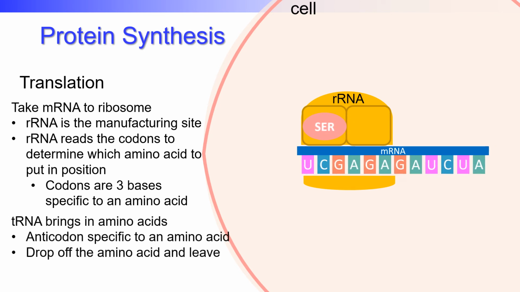After that codon has been fulfilled, the messenger RNA will advance within the ribosomal RNA. The next codon will be read. Another tRNA will come in and drop off the amino acid. And then the ribosomal RNA is going to join the two amino acids together, forming the peptide bond.